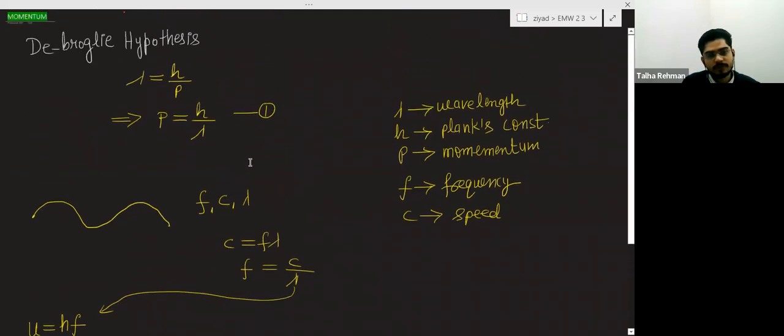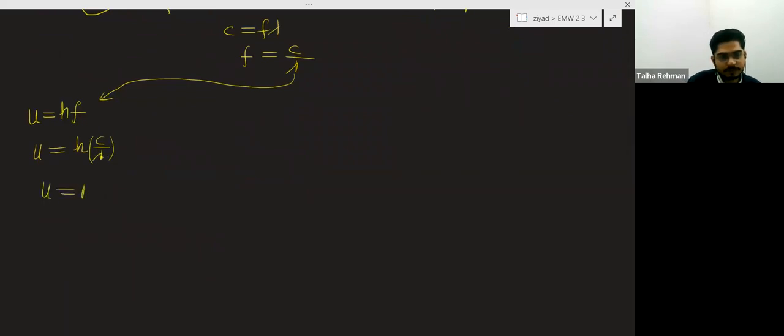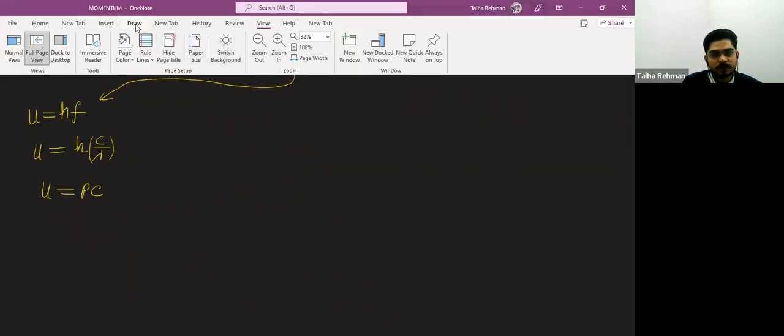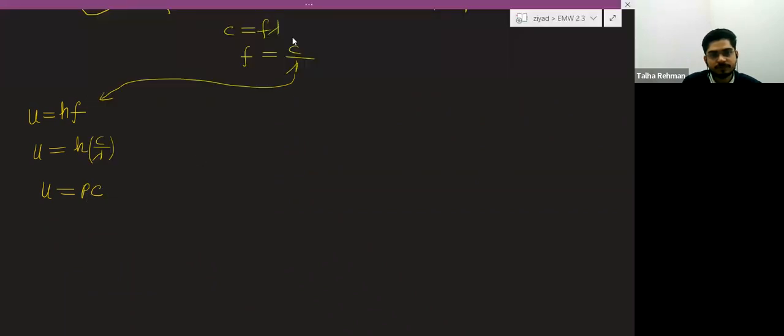What is h by lambda? h by lambda is momentum. So we can write momentum into c. This will be the new expression for the momentum.